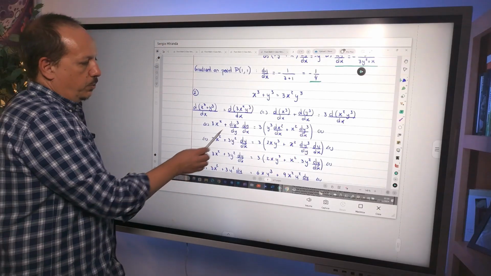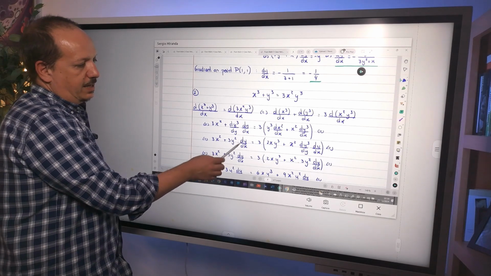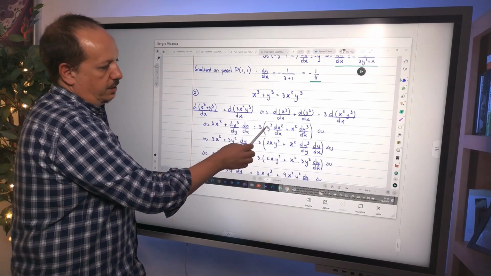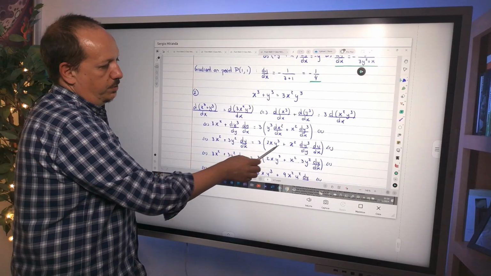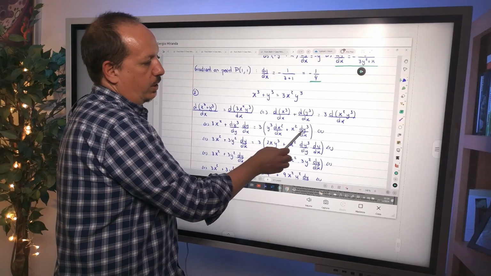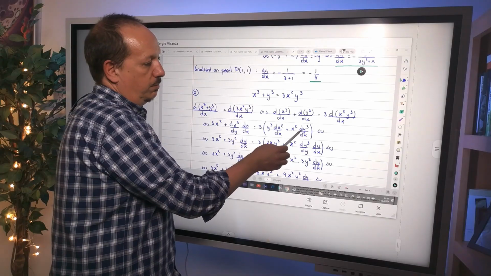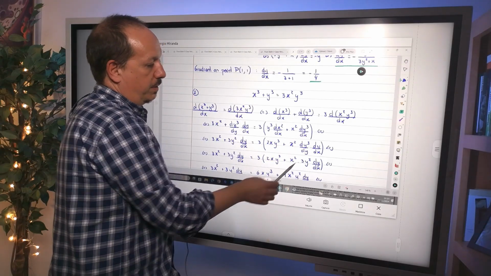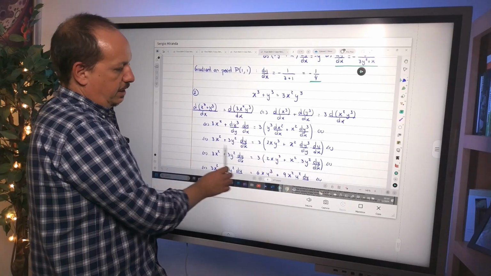Going back where we were, this is just 3y squared dy/dx equals 3. This is just 2x times the y cubed. You have now the d(y cubed)/dx, so I have to apply here again the chain rule. And this is going to be 3y squared. I didn't change anything until here.